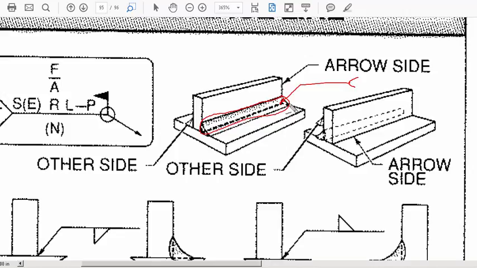What this essentially means is that this information would be on the arrow side. So for example, if the weld symbol said do a fillet weld, and it was located below the reference line, this is where we would weld. If the information was referenced up here, then it would be on the other side, which would be on the back of the part. If information is on both top and bottom, it means whatever weld information is provided, you have to do it on both sides.